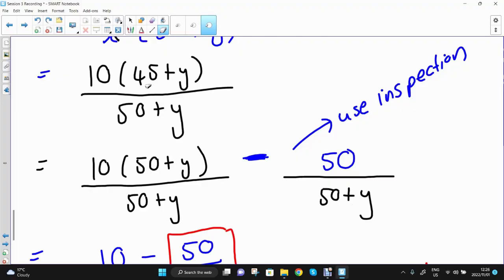Okay, so this is where it tends to get a little bit tricky. So we have our fraction simplified. We have a 10 outside the bracket there for my numerator, 45 plus y in brackets, and then my denominator is 50 plus y.